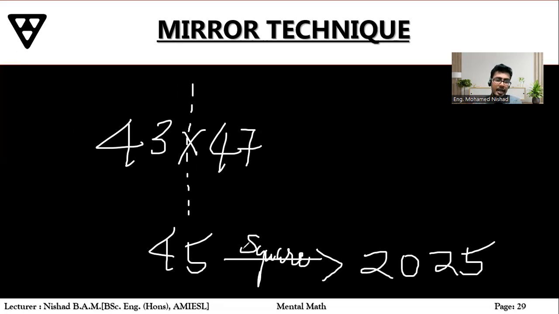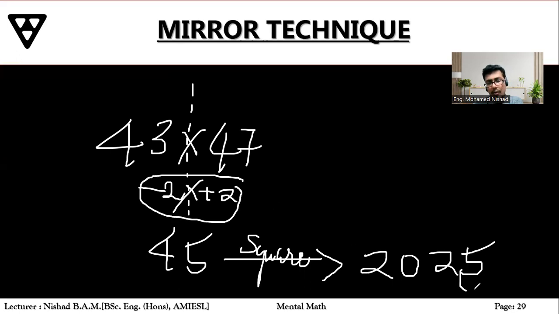And after that, we have to multiply the differences, -2 and +2. We have to multiply them together. So how much will it be? It will be 4, right? Do we have to add this number or subtract this number? What do we have to do for this technique?